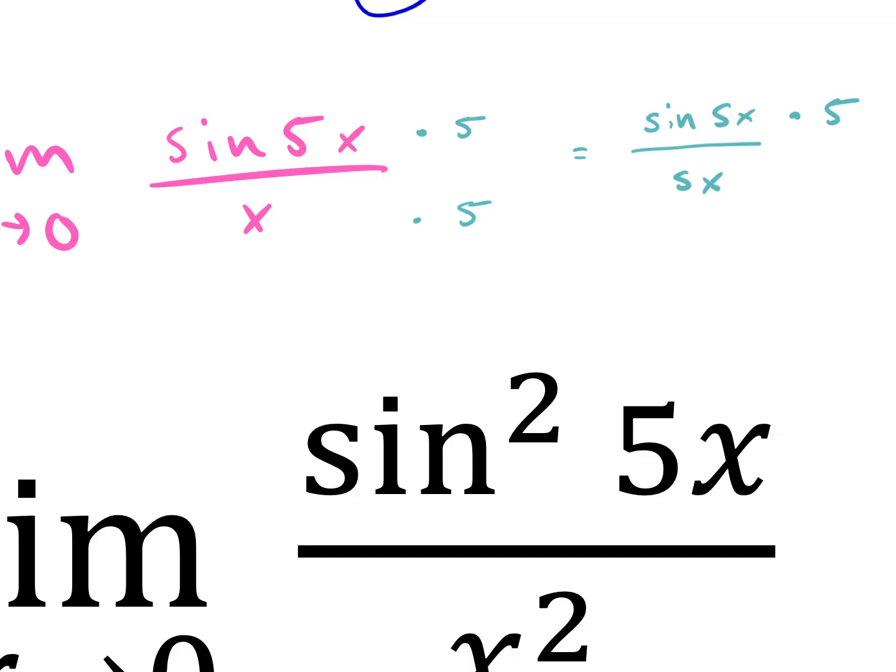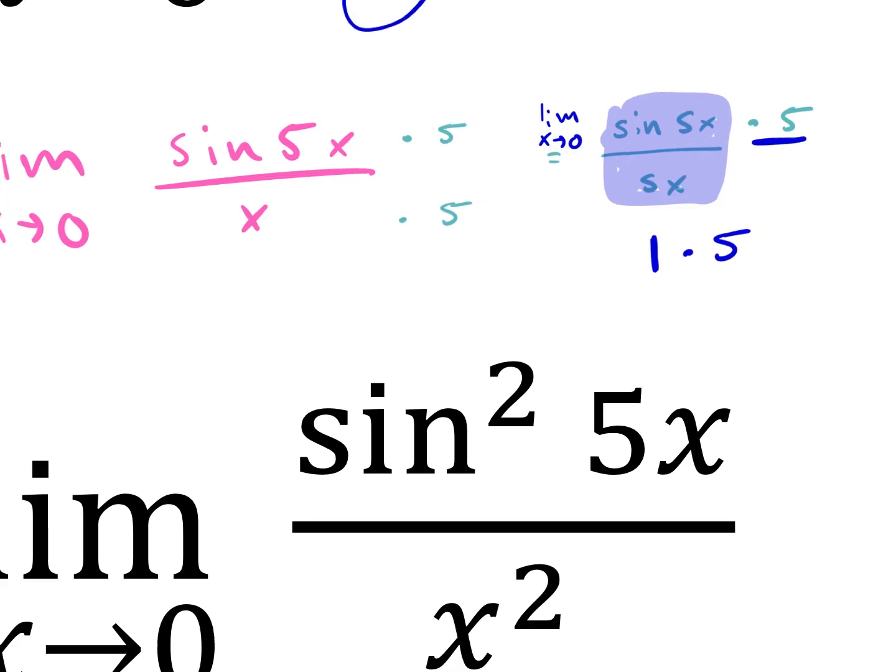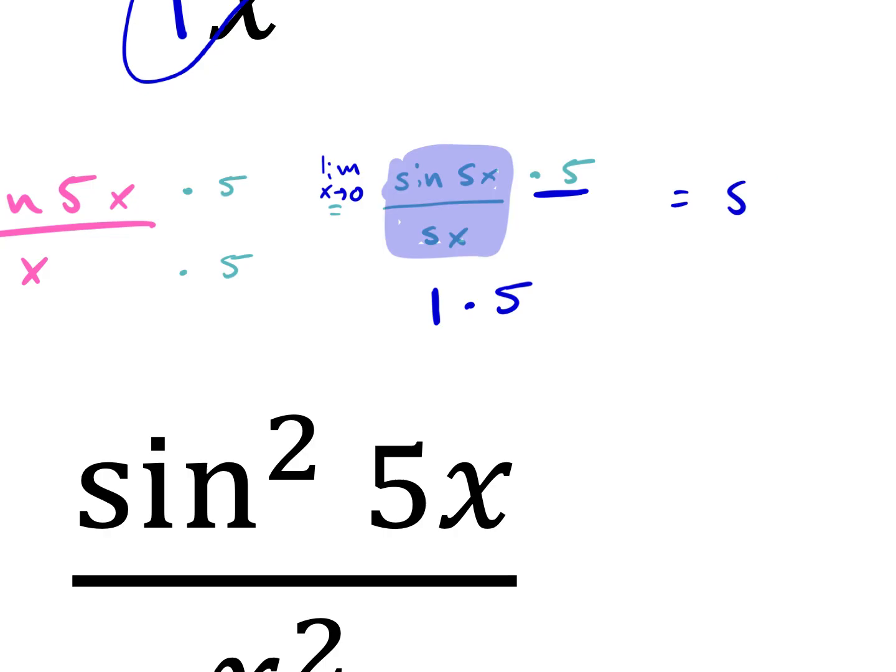Now sine of 5x over 5x, this equals 1, or the limit, because it's still the limit as x approaches 0. The limit as x approaches 0 of sine of 5x over 5x is 1. But now we still have that times 5 with it. And 1 times 5 would be 5.